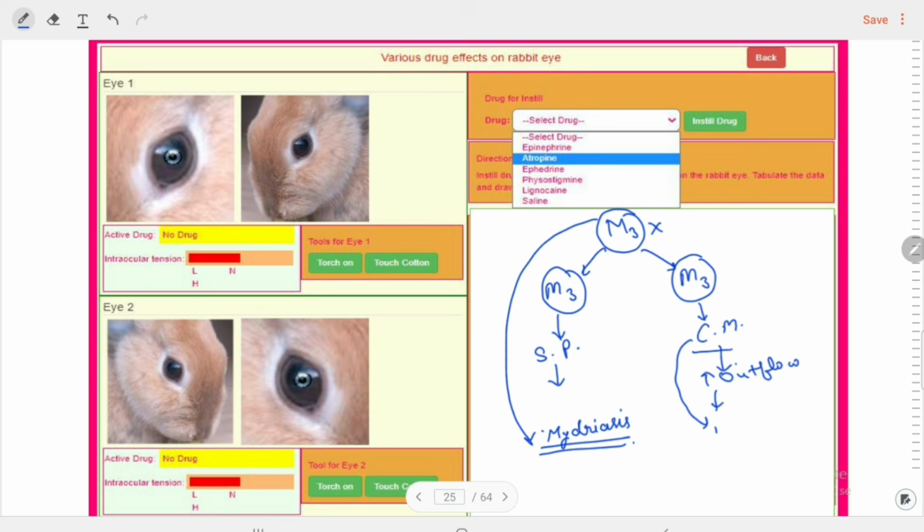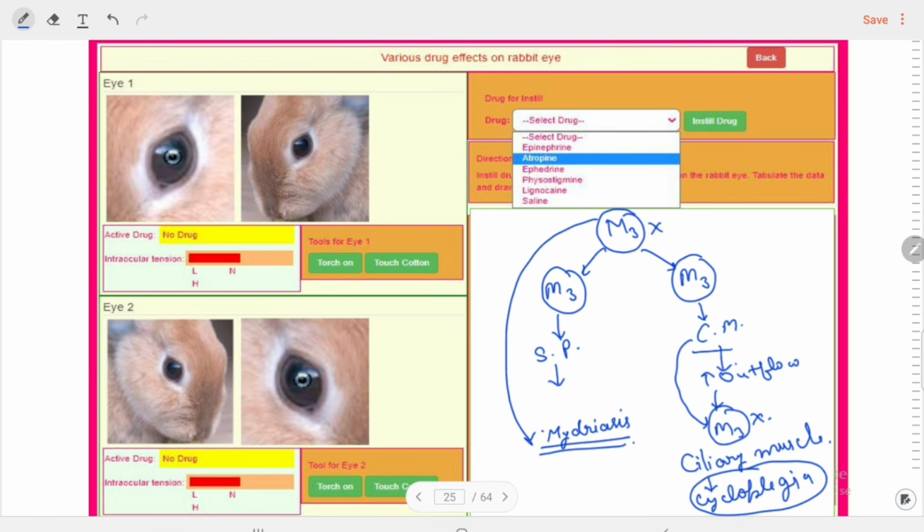Blocking of the M3 receptor causes paralysis of the ciliary muscles. This phenomenon is known as cycloplegia.